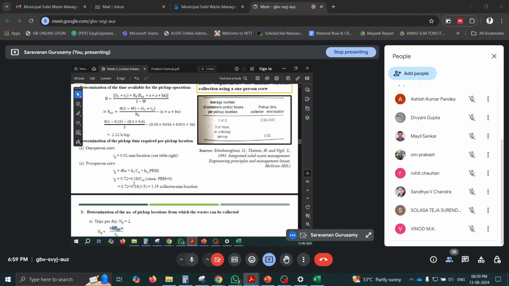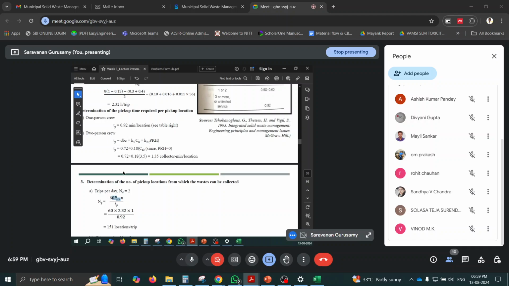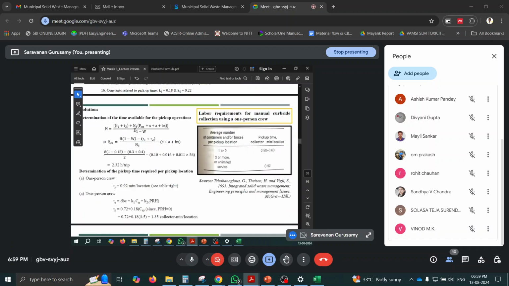PSC is the pickup time for the stationary container system, and it will be calculated based on the whole working hour formula, H equals T1 plus T2 plus ND into PSC plus on-site time plus off-route time, that is A plus BX by 1 minus W. So here everything is given except PSC. So that will be calculated based on the H formula.